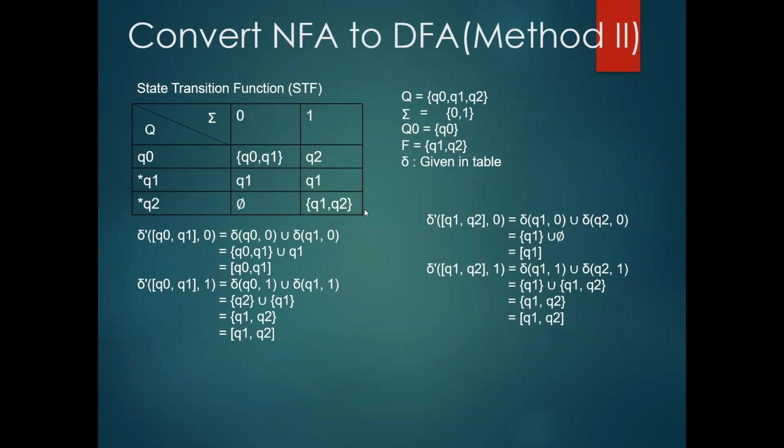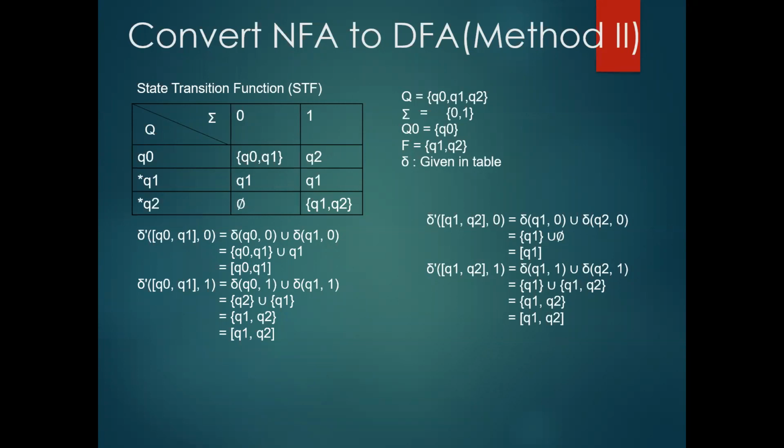From these states, we don't know the transitions on input symbols 0 and 1, so we need to evaluate them. Delta dash is the state transition function for the resultant DFA, whereas delta is the state transition function of the NFA.